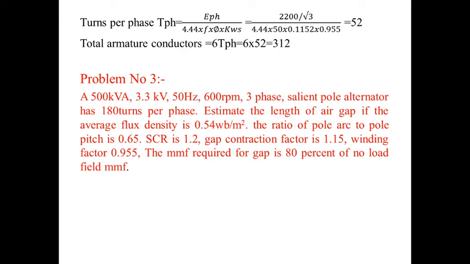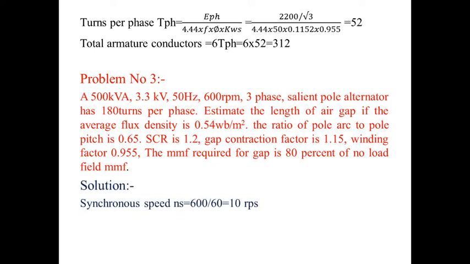The ratio of pole arc to pole pitch is 0.65. SCR is 1.2, that is short circuit ratio is 1.2. Gap contraction factor is 1.15. Winding factor is 0.955 and MMF required for gap is 80% of no load field MMF. So this is the statement of the problem.